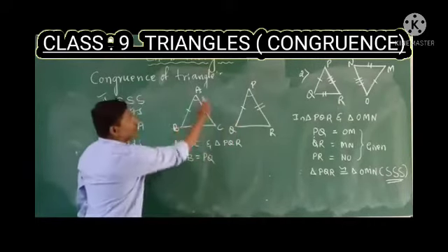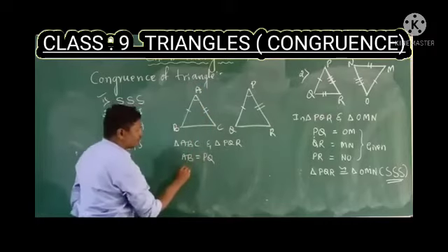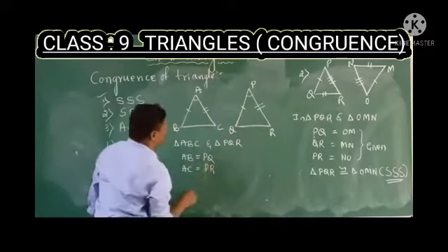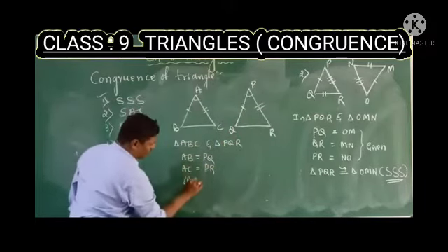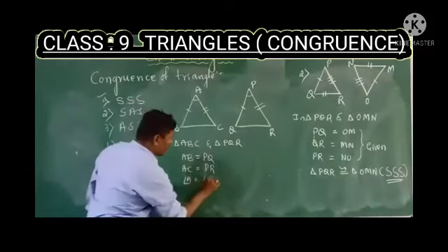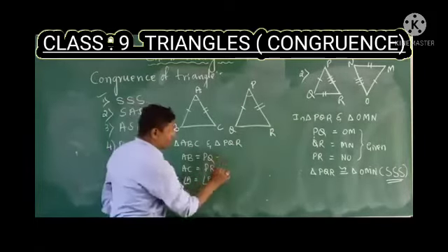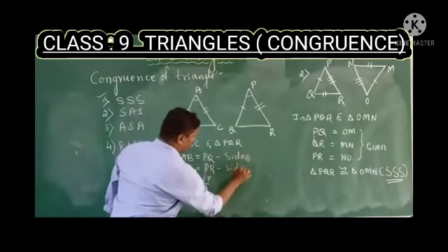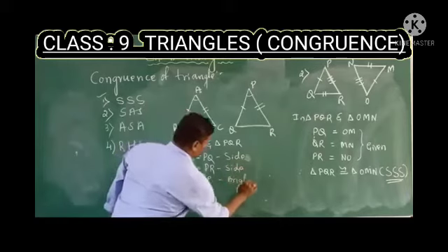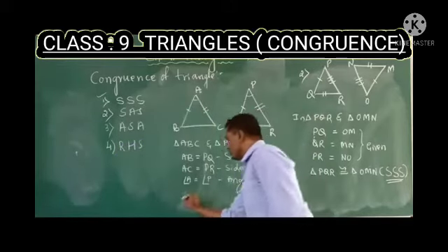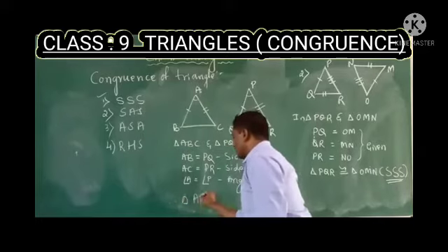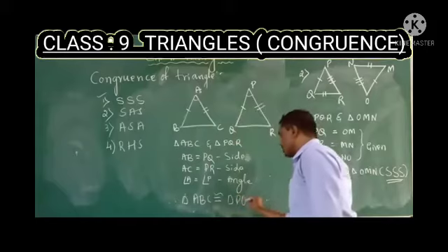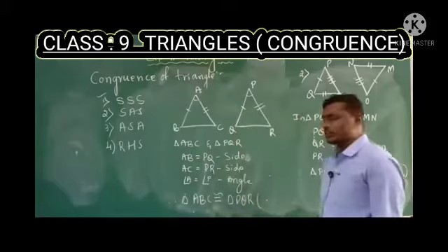Second, AC is equal to PR, and angle A is equal to angle P. So these two are the equal sides, and this one is an angle, right? So therefore triangle ABC is congruent to triangle PQR by using the congruence criteria SAS.